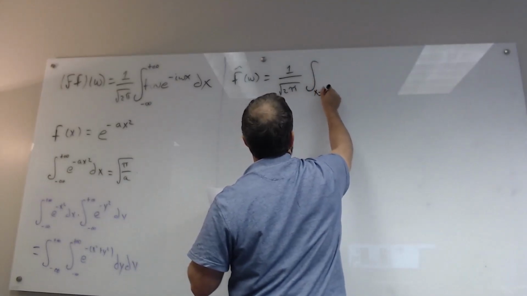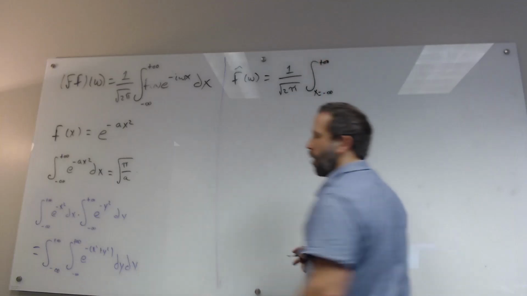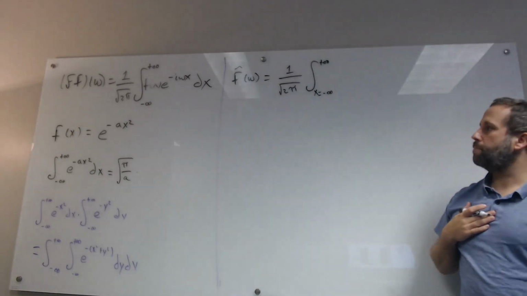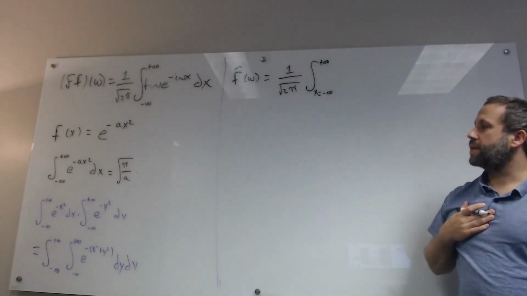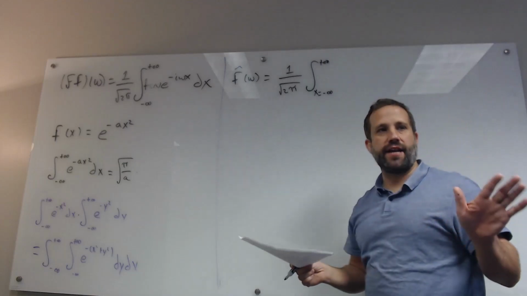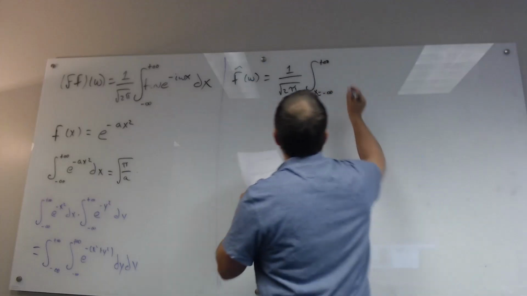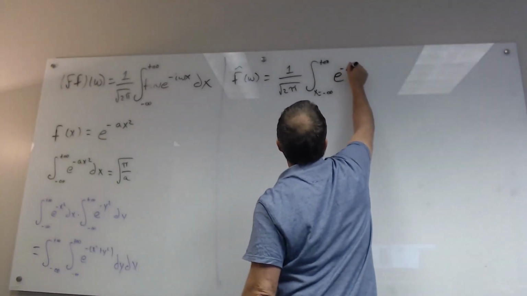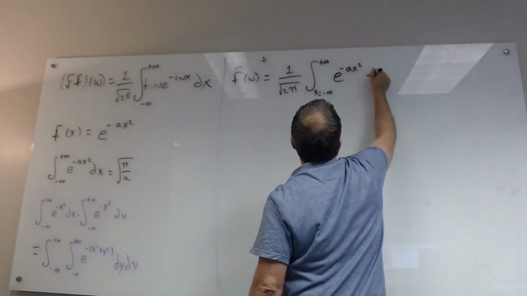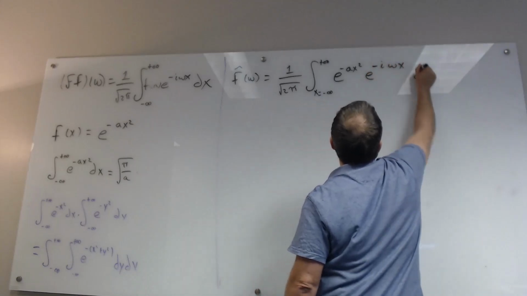I think it belongs, and we'll see why when we look at the inverse Fourier transform. I sometimes forget to write it in the notes. Then we have the integral of e to the minus ax squared times e to the minus i omega x dx.